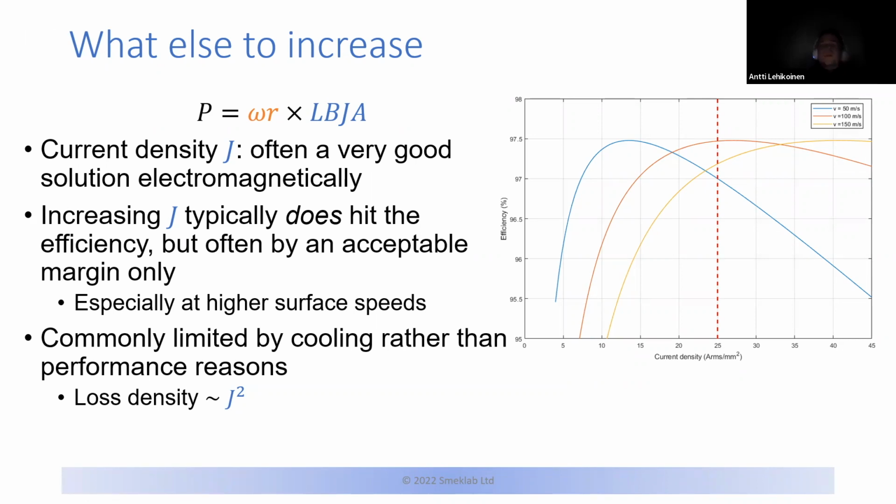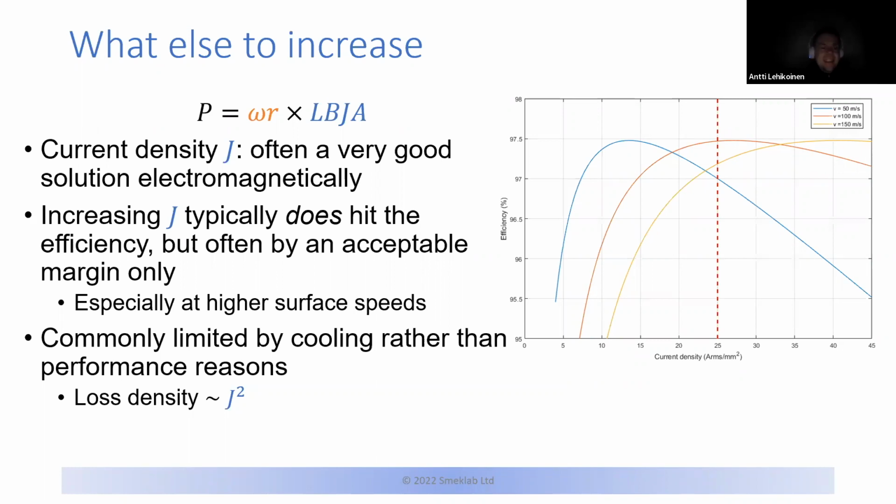Then, depending on your iron losses and mechanical losses, it may actually turn out that your efficiency increases when you increase the current density, because again, you are increasing the power output of the machine. And if your winding losses are not that significant in the beginning, then increasing them somewhat by increasing the current density is not a dramatic issue.